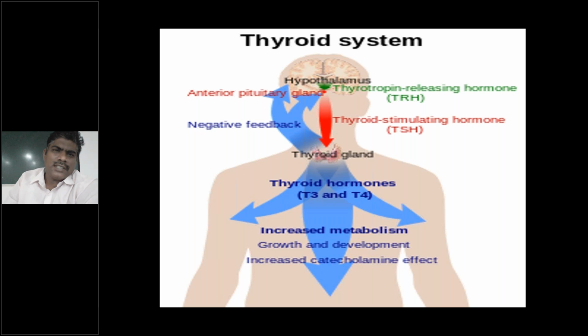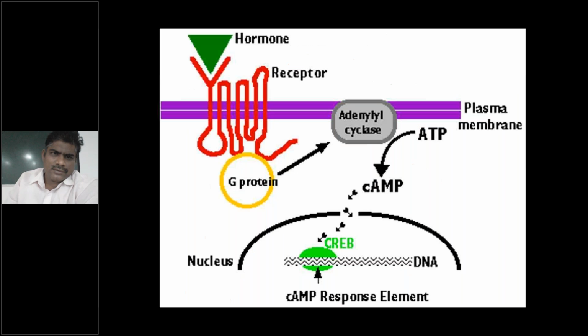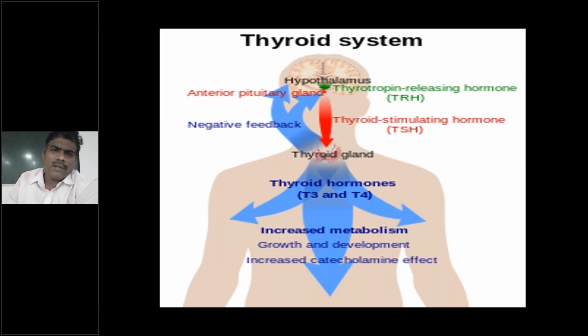The hypothalamic releasing hormone facilitates the release of thyroid stimulating hormone from the anterior pituitary gland, and this hormone acts on the thyroid gland and stimulates the release of T3 and T4 hormones from it. It increases metabolism, growth and development, and increases the catecholamine effect.